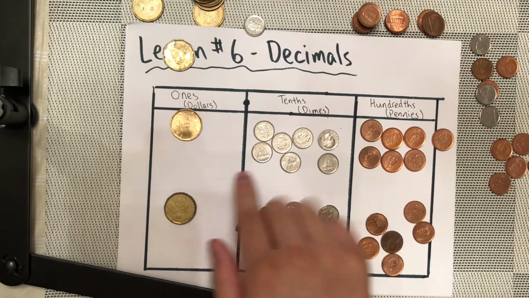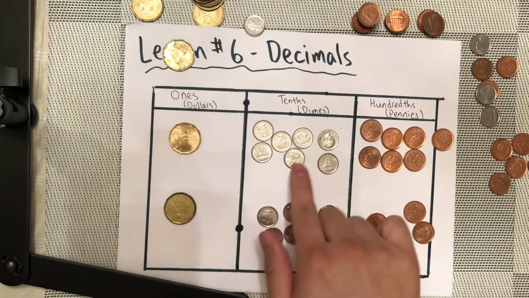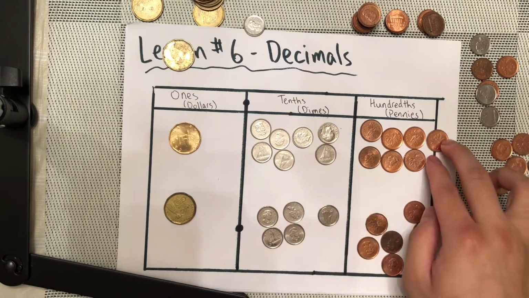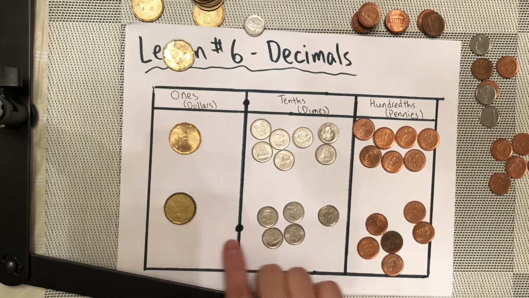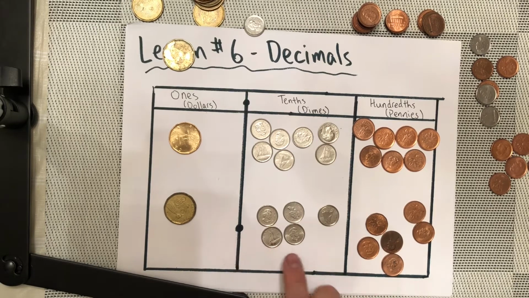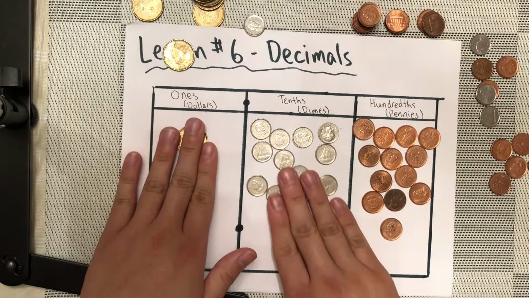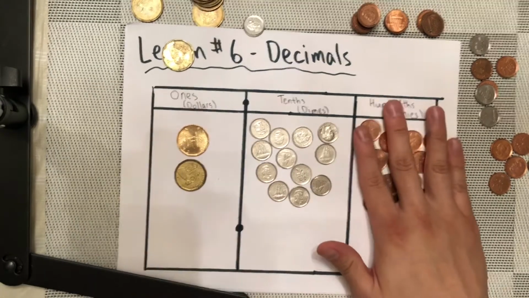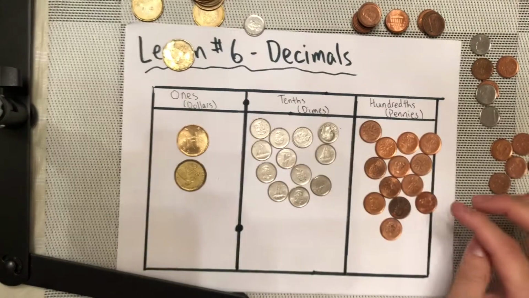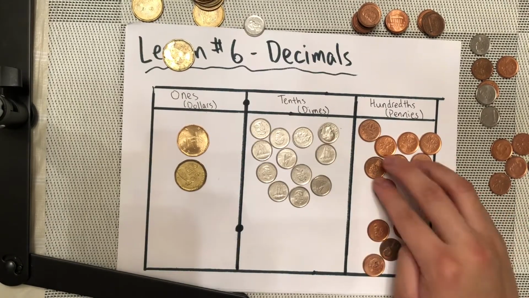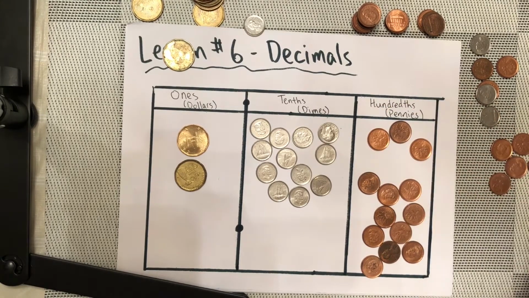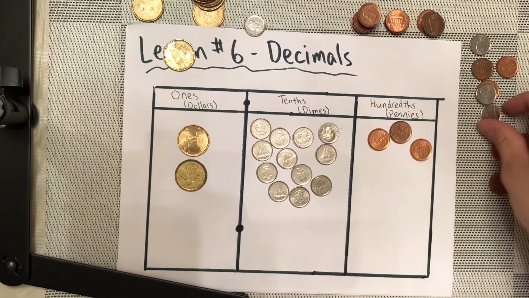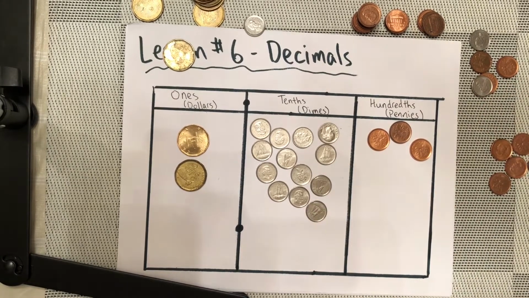I need to add $1.77 plus 1.56. Let's add those together. I clearly have too many pennies here. I have over 10, so let's trade that for a tenth. So a dime. That's 10. Trade it for a dime. Am I done here? Am I good?